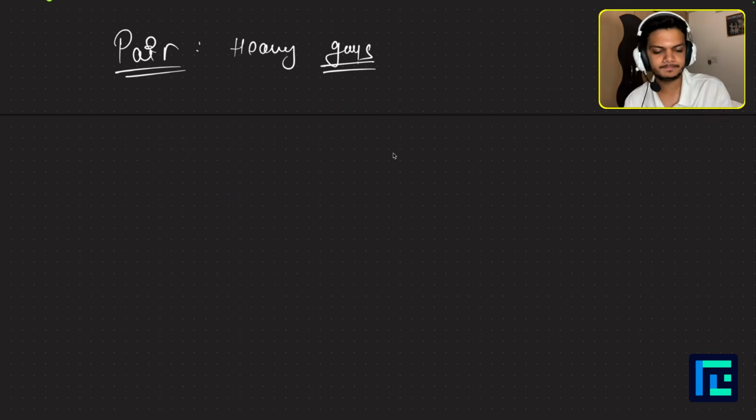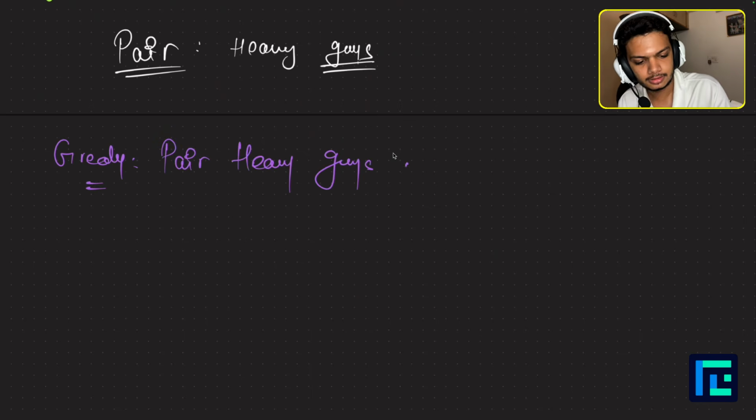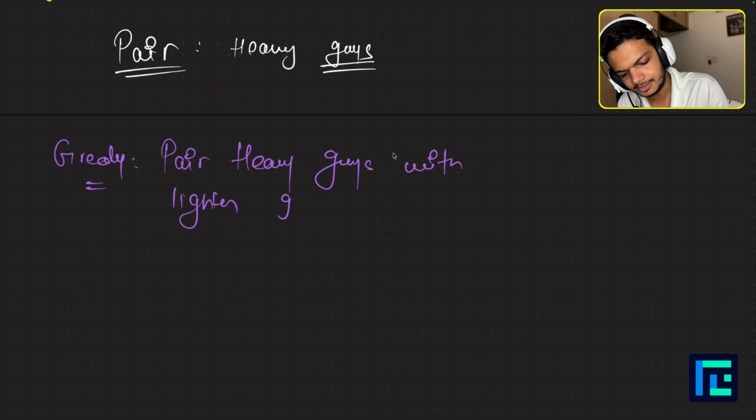You'll clearly identify that the heavy guys will create problems, because if you pair a heavy guy with some other guy, there is a chance that it will exceed the maximum allowed weight of a gondola. So a greedy strategy that can come to your mind is to pair heavy guys with lighter guys. This makes sense, right?